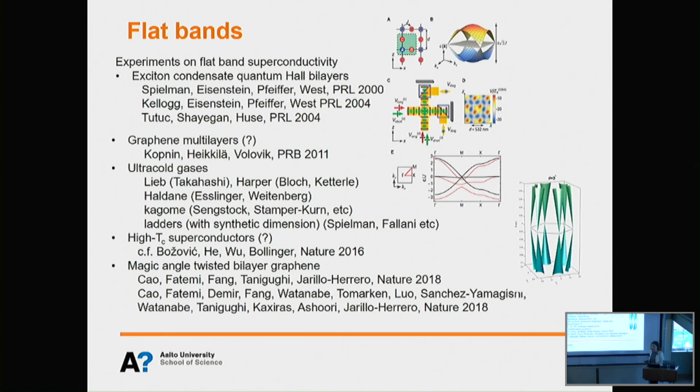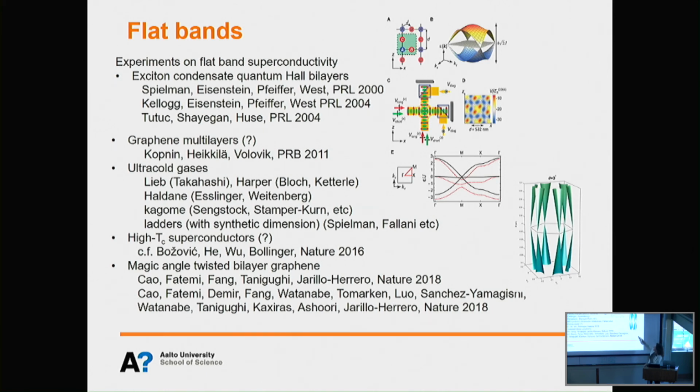Then about flat bands. Why are they interesting? Well, I already said that all interaction effects and so on will be large, but also because you guys can create them. So one can have flat bands in lattices with more complicated units, like the Lieb lattice.